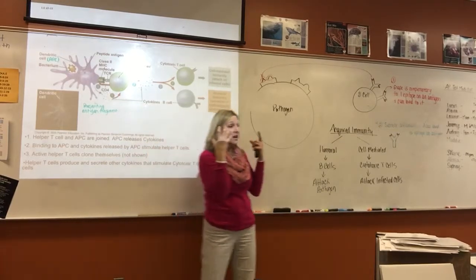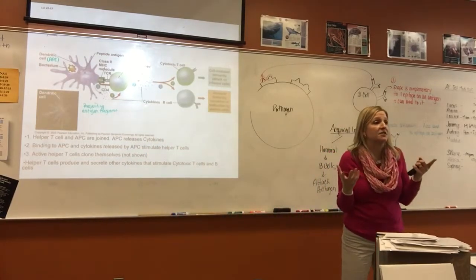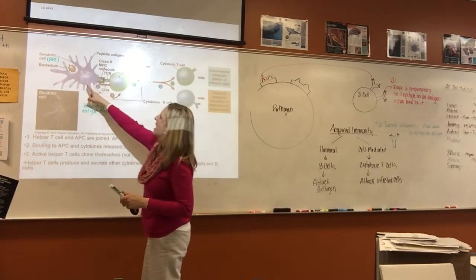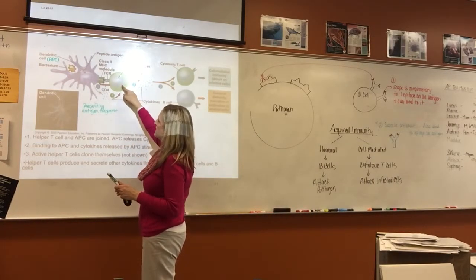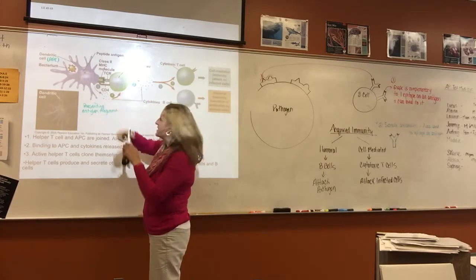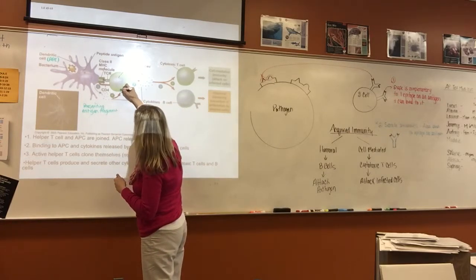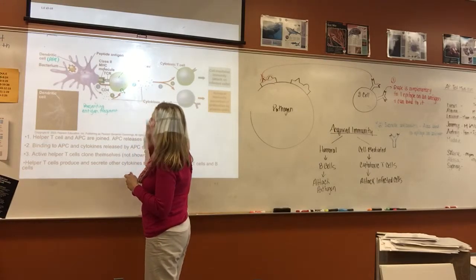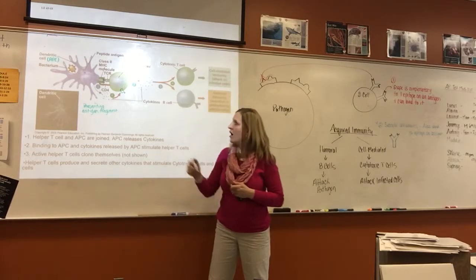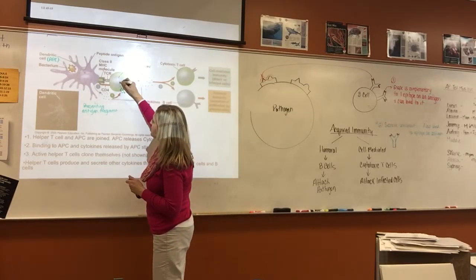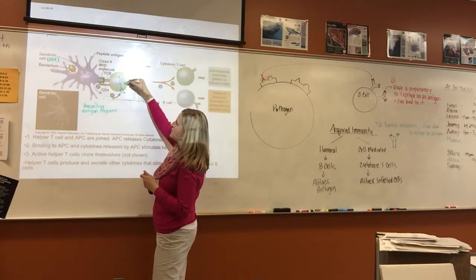These are chemical signals. And so these are signal molecules that this cell is releasing to communicate with this cell. So what must this cell have? Receptors, right? So this has receptors on it that these cytokines can bind to, and that triggers, remember from last chapter, a signal transduction pathway, which then triggers a response.